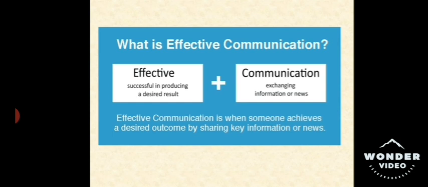Meaning when the sender wants to send some information and it is correctly received by the receiver, then only the communication is effective. For example, many times when you want to say something to your friend and he or she cannot understand it in the same way that you want to say, then such a communication is not effective communication.